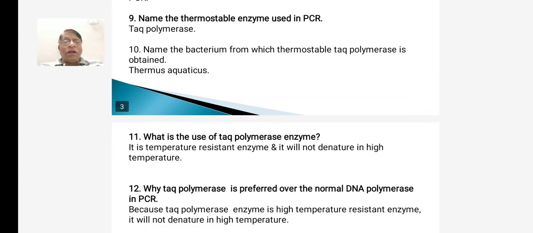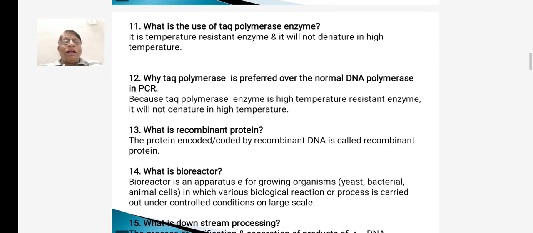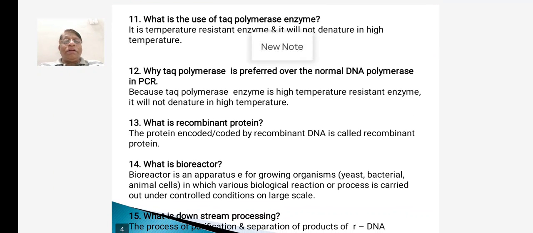Next, we shall pass on to the next slide. What is the use of Taq Polymerase Enzyme? Just now you have seen, the Taq Polymerase Enzyme is a temperature resistant enzyme.